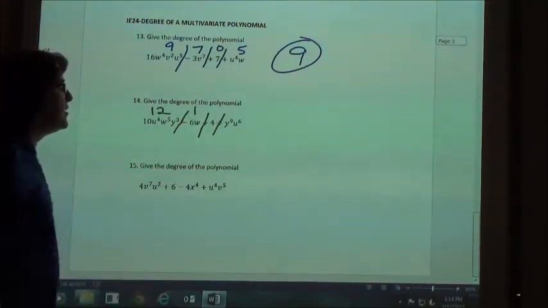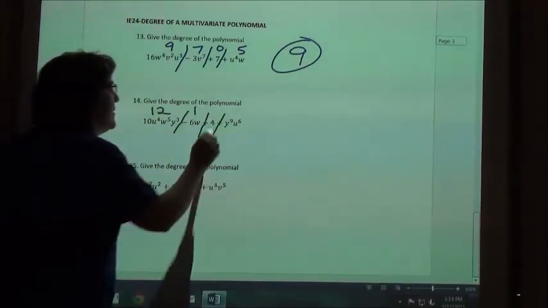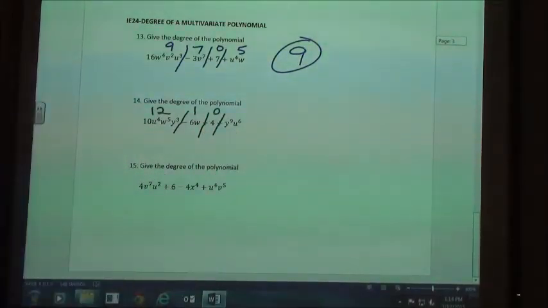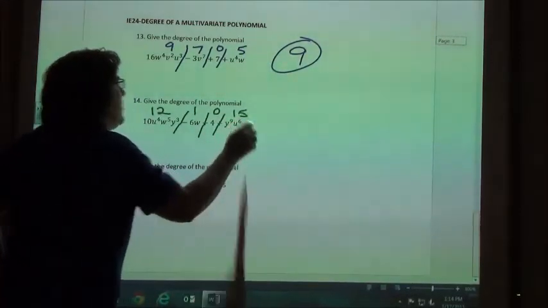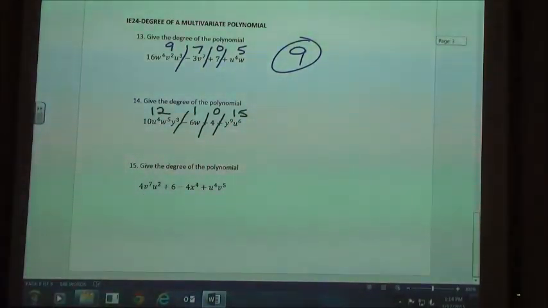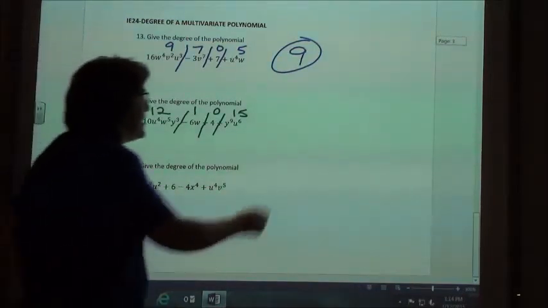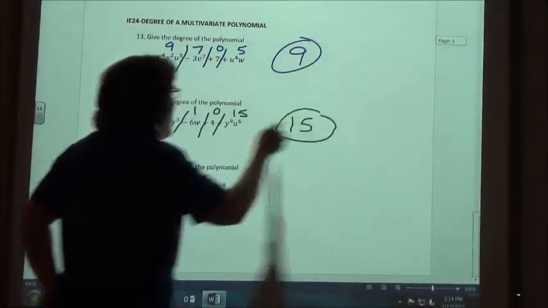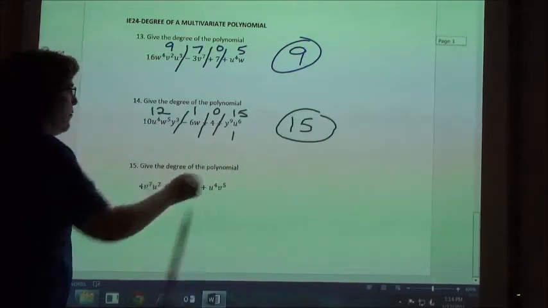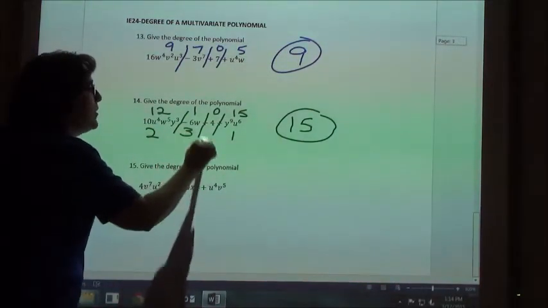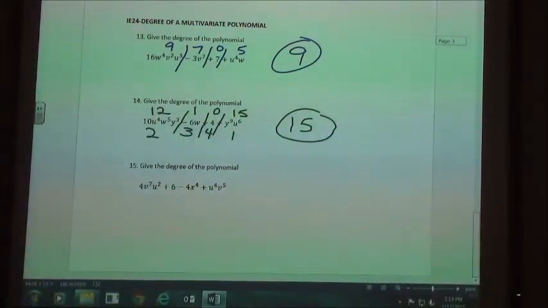If I have a plus 4, the degree of that term is 0. And if I have y to the 9th, u to the 6th, I would get 15. The degree of the polynomial is which one of those numbers? The 15, because that's the biggest one. If I were to rearrange it, that one would go first, that one would go second, that one would go third, and that would go on the end, right?